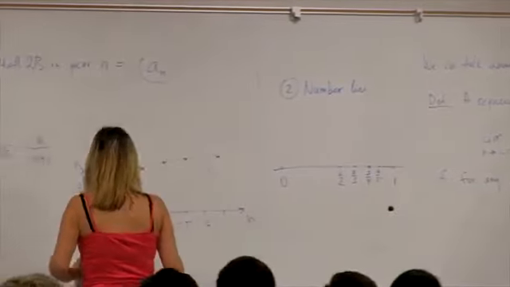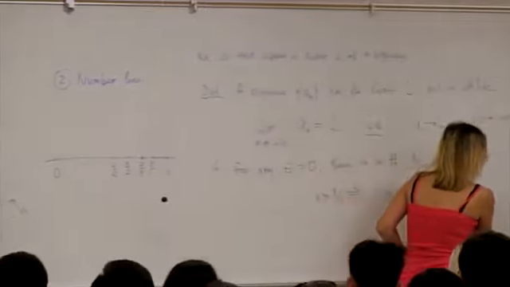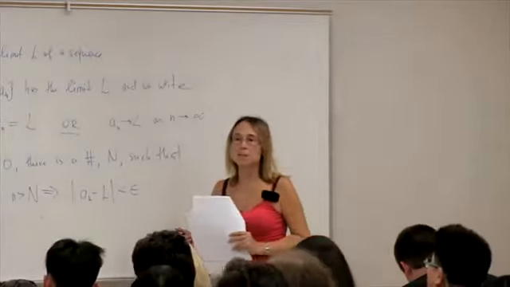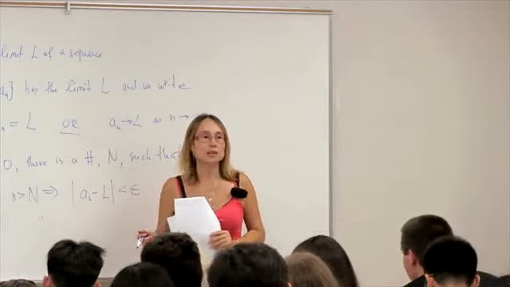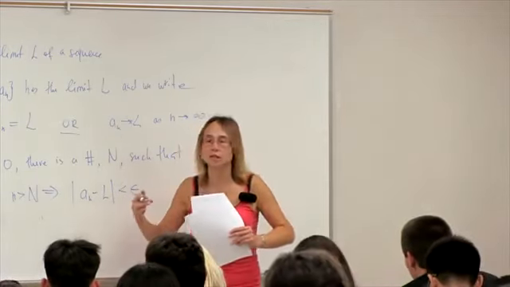Okay, so if something has a limit, it means that it gets to this number L arbitrarily close. And it never leaves the vicinity. Once it's there, it's going to stay there.